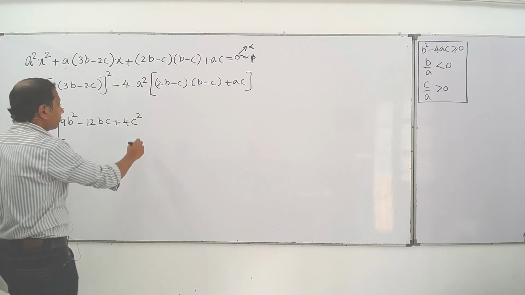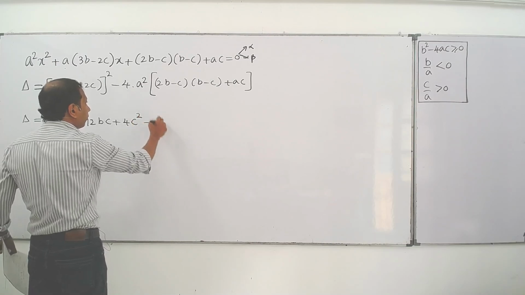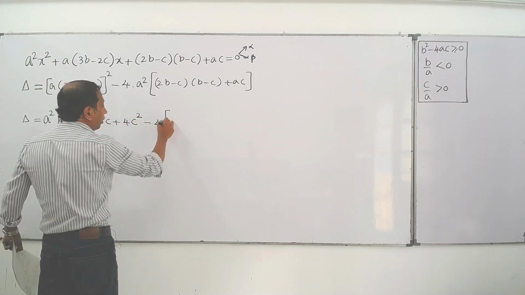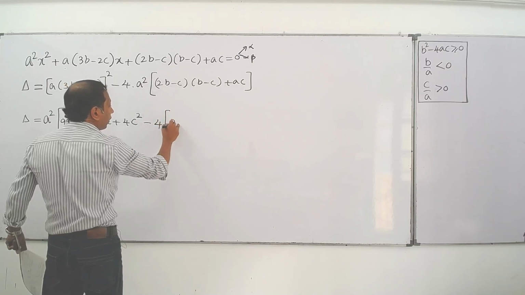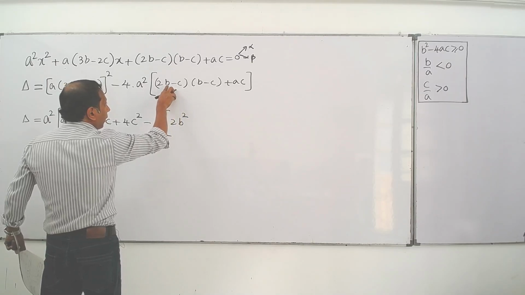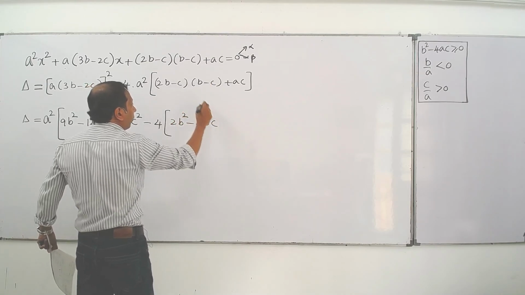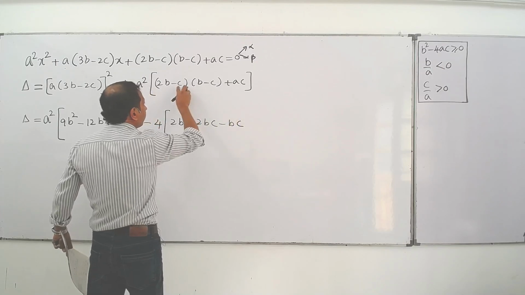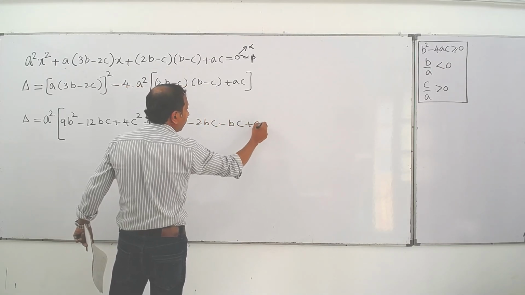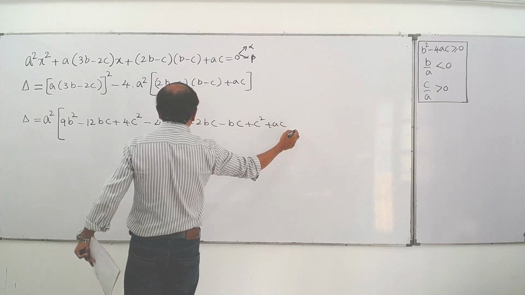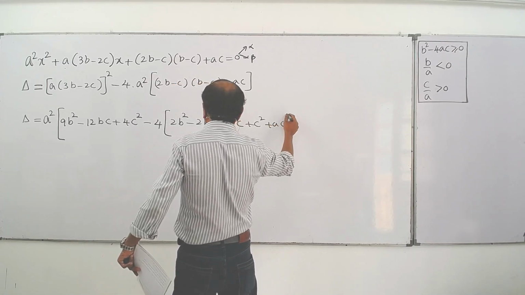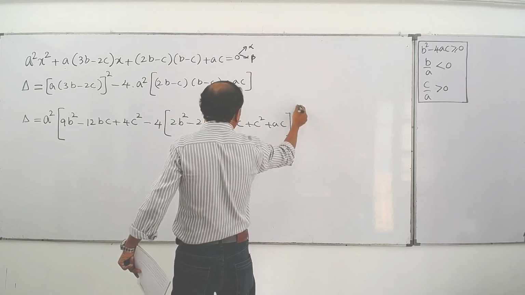And here minus 4, inside the bracket, 2b squared minus 2bc minus bc plus c squared plus ac.